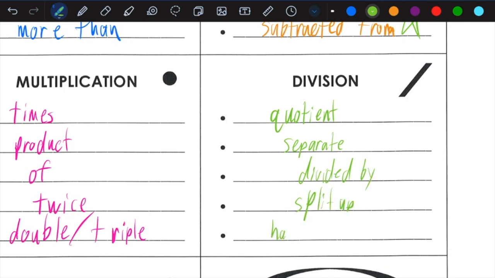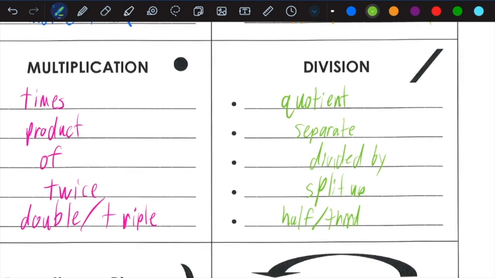And half of this, or half of would be multiplying me of, but using the phrase half compared to split up or divided by would also mean division. So half, third, fourth, fifth, sixth, etc. It's the same exact thing for all of these different numbers specifically.